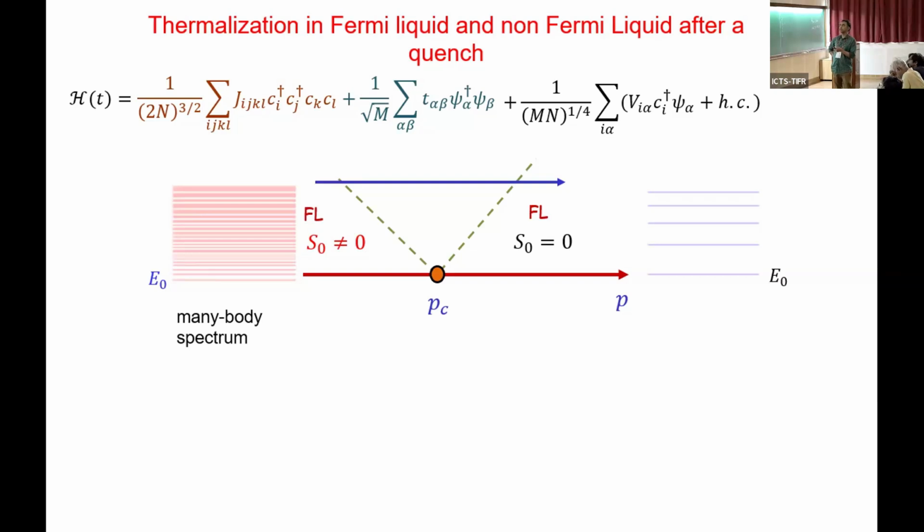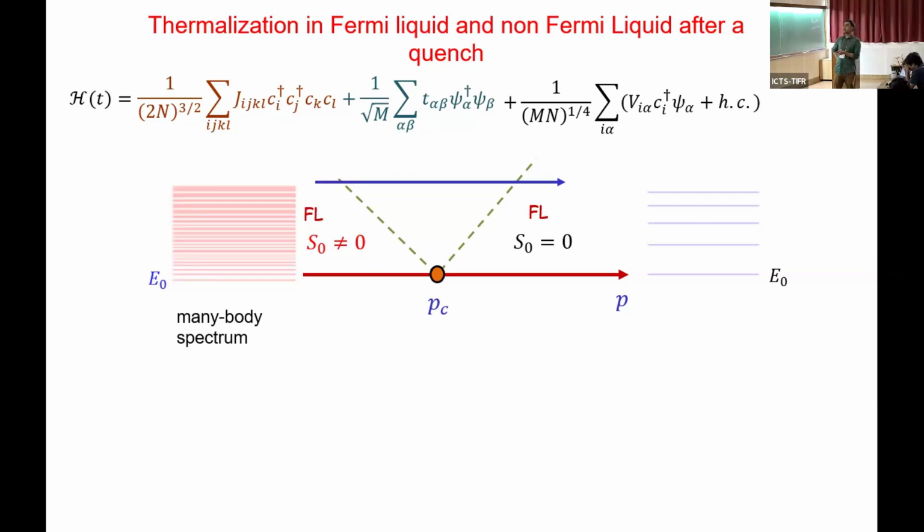For this, I'm taking the model I discussed, which is a generalization of the SYK model, where you have the SYK fermions and an extra set of fermions. From the graphene quantum dot example, you can call them lead fermions, because they come from the leads that you attach to the graphene quantum dot.